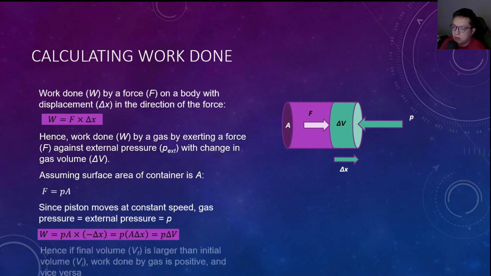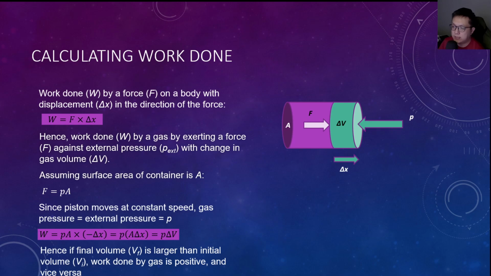Basically, don't have to be too worried about whether you should sub in a negative or positive number. It's easier to just recognize whether the gas is expanding or contracting, then decide whether it's positive work done by, negative work done by, positive work done on, or negative work done on.